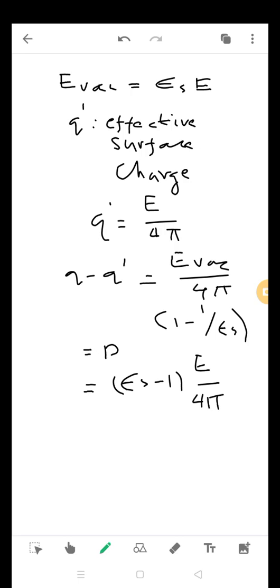Thus, under the influence of an external field, the dielectric facing the positive plate acquires a negative induced surface charge density P, and vice versa.